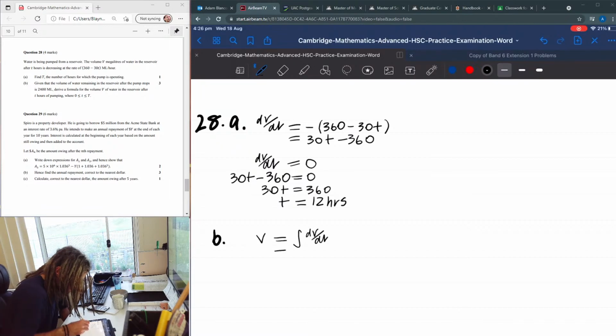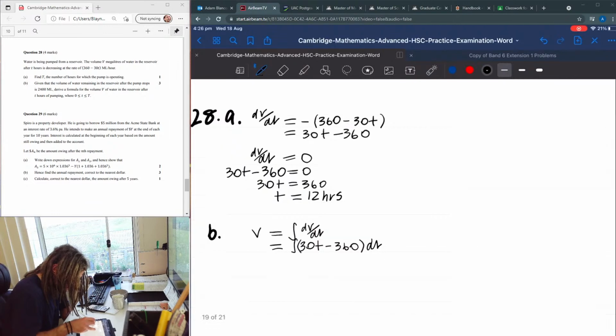I hope that makes sense. So I'm just integrating the rate of the volume to get the volume. Now I don't know what any bounds are. I do know what this equation is. It's 30t minus 360 with respect to t, because there's obviously t's in it.